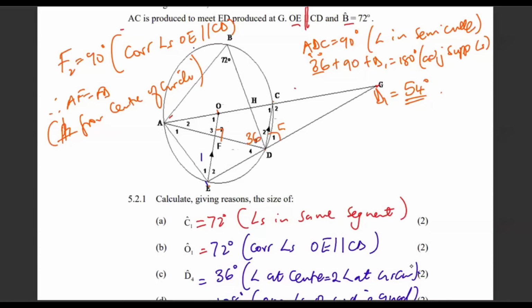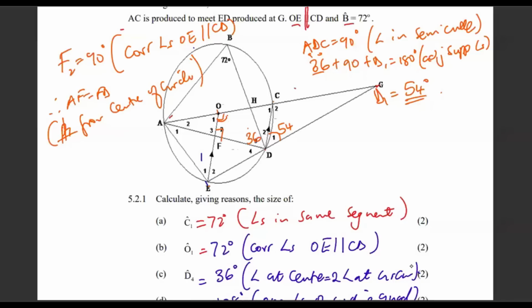We found this to be a 54. OEDC. Okay, so we can just look at the opposite angles, or we can look for the exterior angle. So in this case, if I'm focusing on the exterior angle, then I'll need to look for what we are calling this side of O.